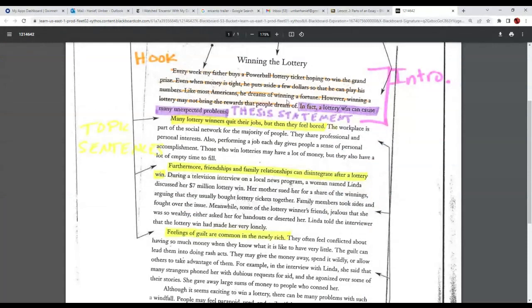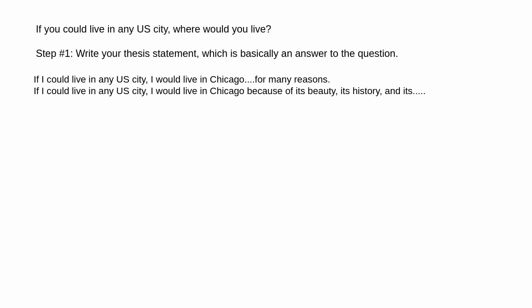I don't know if you have it open in another tab or if I need to share it with you. But when you guys start writing an essay, don't feel like you have to start with sentences and paragraphs. My recommendation, my process, is to start with a basic thesis statement. Patricia, does that make sense?